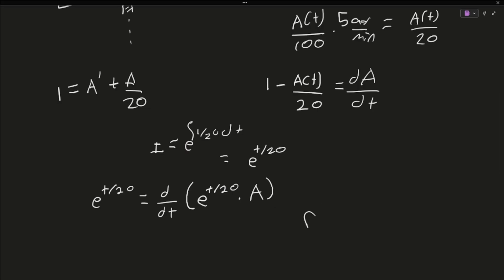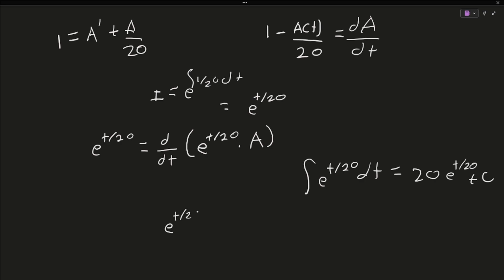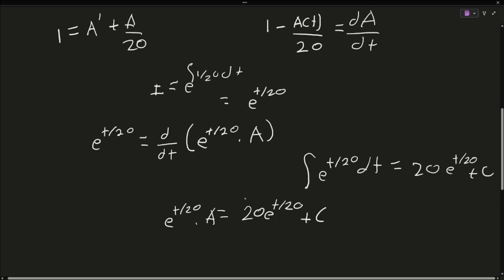So integrating the right-hand side, e to the t over 20 dt, will give us 20 e to the t over 20 plus c. And the left-hand side, if we integrate it, we will just get rid of that d/dt from the fundamental theorem of calculus. So our solution will be e to the t over 20 times a equals 20 e to the t over 20 plus c, just like this.